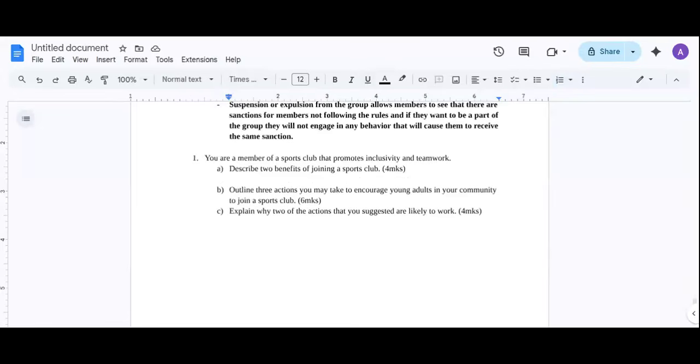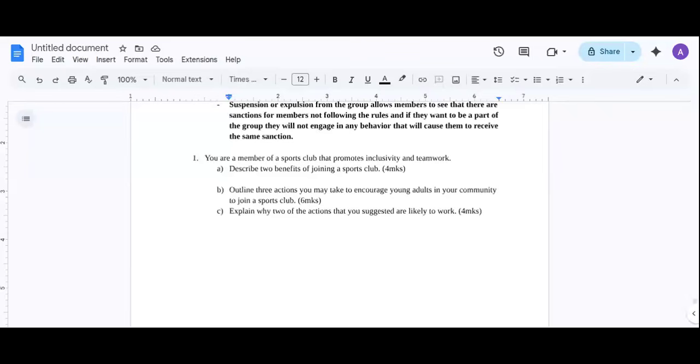So, let me get some answers. 2 benefits of joining a sports club. Yes, Shakaina. Miss, it improves physical health and fitness, and it develops teamwork and social skills. Excellent.